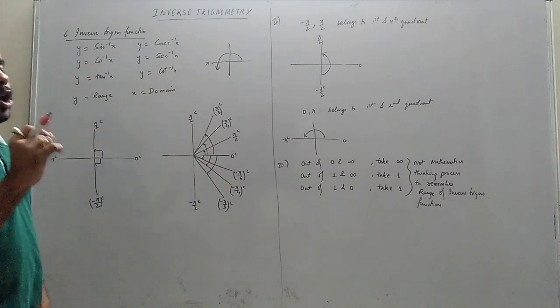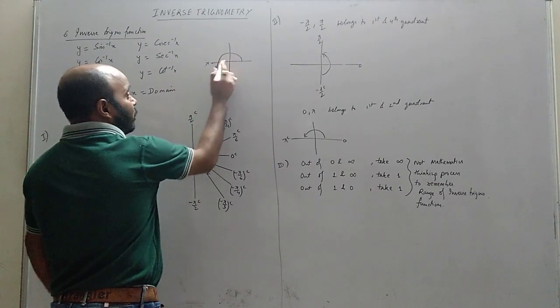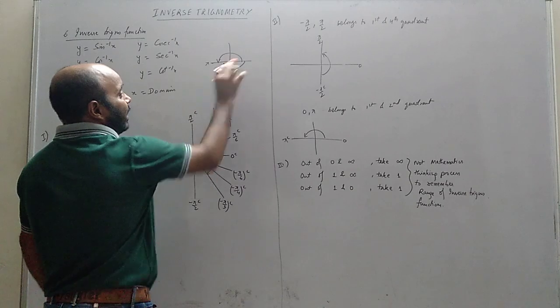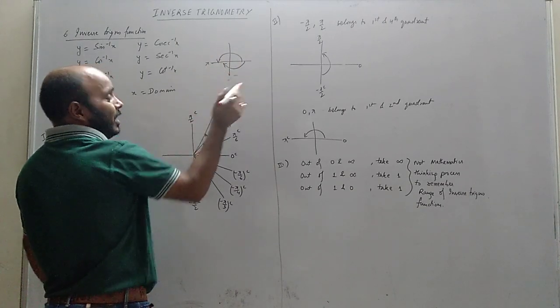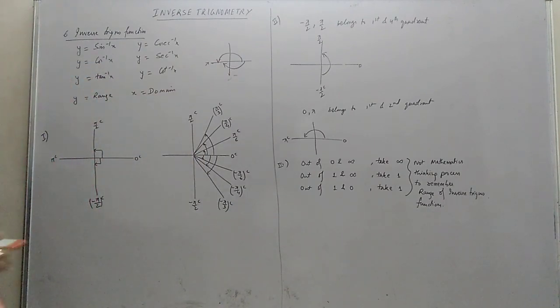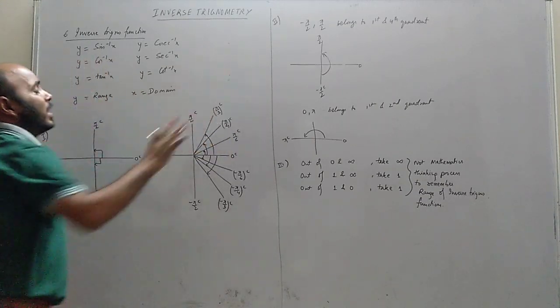The range values always should be less than pi. That is the reason we cannot rotate it further. We can rotate only till here, either anti-clockwise or clockwise. This is anti-clockwise, this is clockwise. But in any way, we cannot rotate more than pi radian. This is the reason why we take 3 pi by 2 as minus pi by 2.